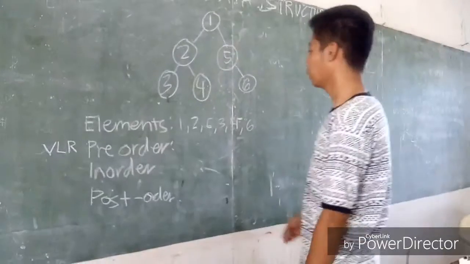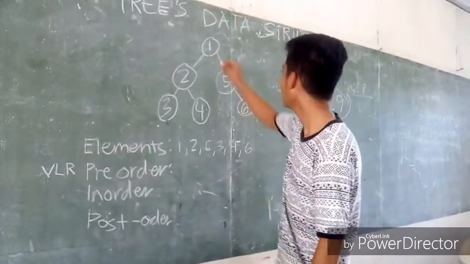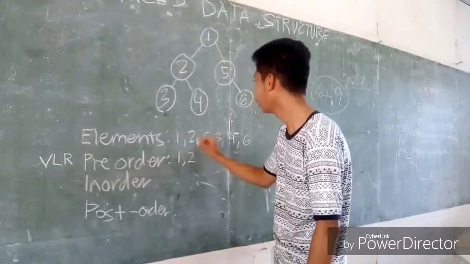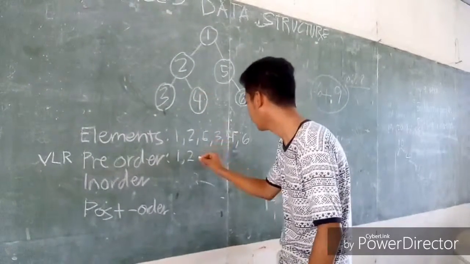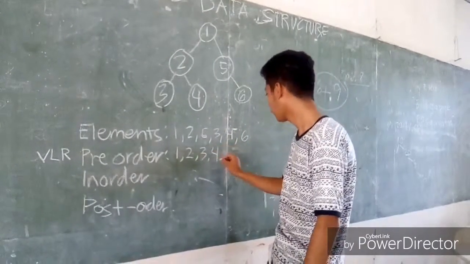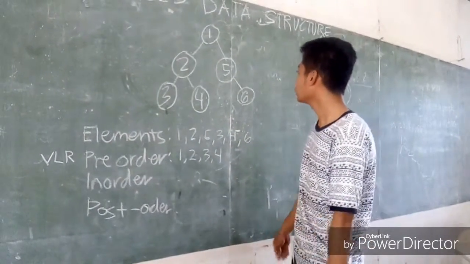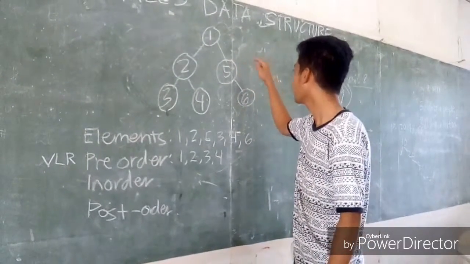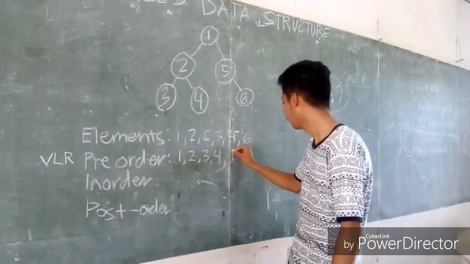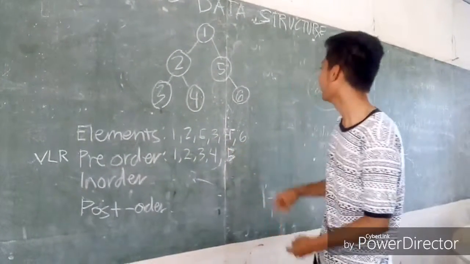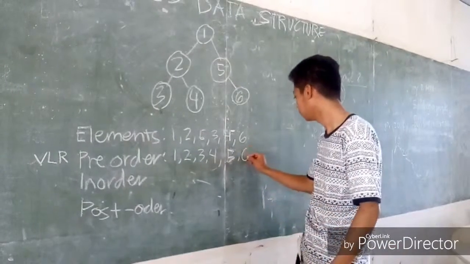So to get that, parent 1, left 2, left 3, and right. So since there's nothing on the left there, we go to the right, right and 6.